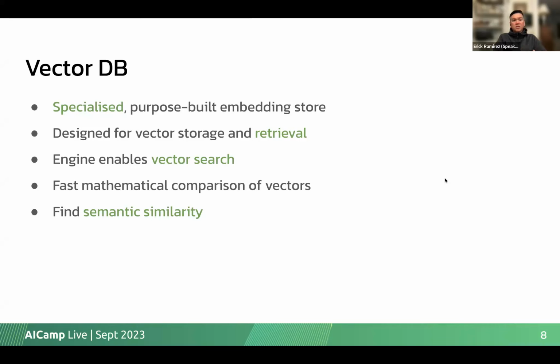What vector search is doing is comparing every single one of those vectors to calculate which two vectors are similar to each other. It's finding the semantic similarity. It's finding the closest meaning, like the closest vector that shares similarities.